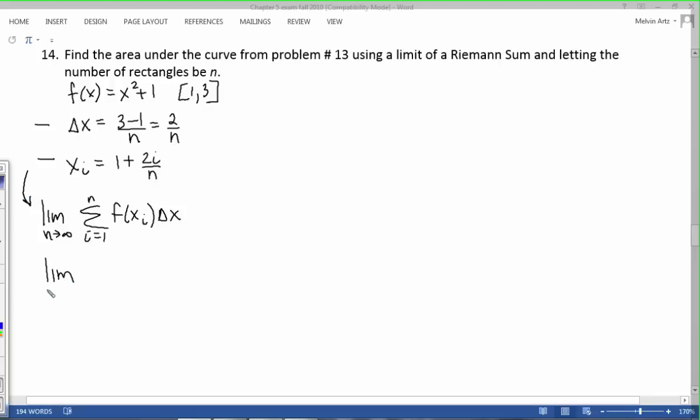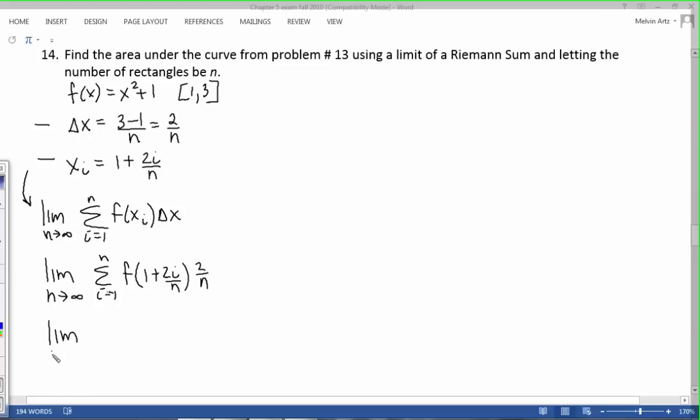So this, we have i equals 1 to n, and our x sub i is 1 plus 2i over n. And delta x is just 2 over n.